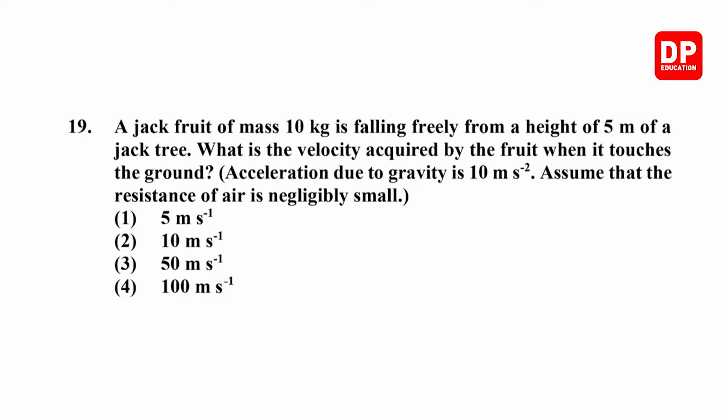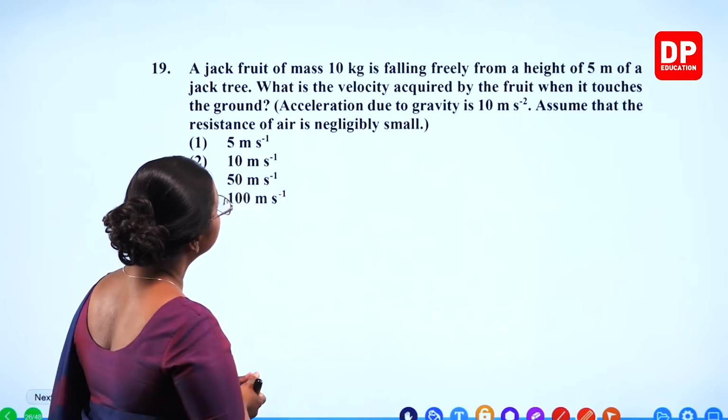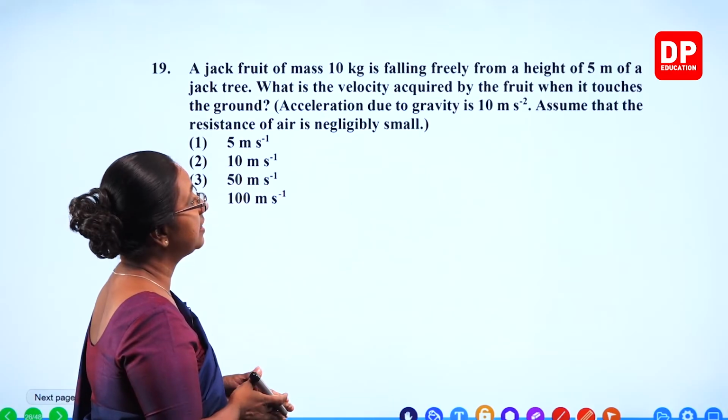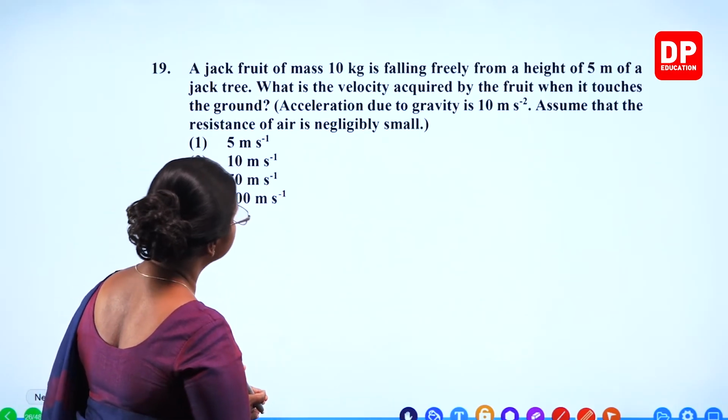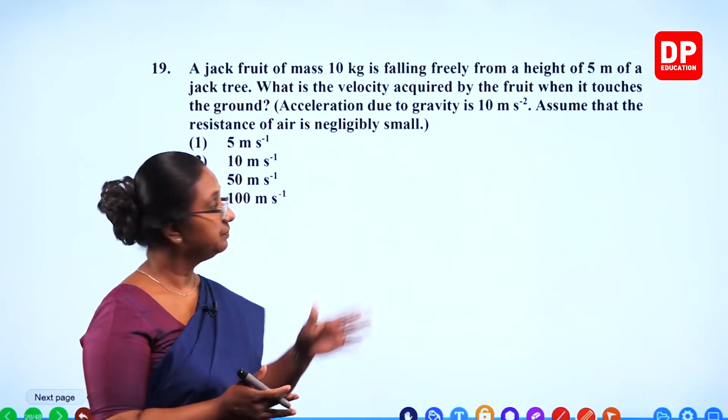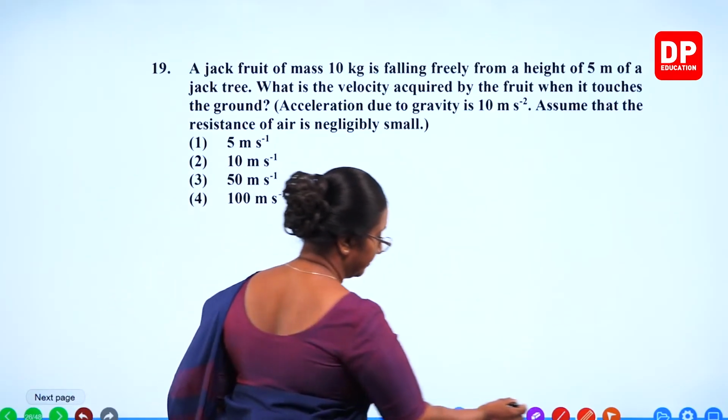So question number 19. A jackfruit of mass 10 kg is falling freely from a height of 5 meters of a jack tree. What is the velocity acquired by the fruit when it touches the ground? Acceleration due to gravity is 10 meters per second squared, and assume that the resistance of air is negligibly small. So what is happening here?